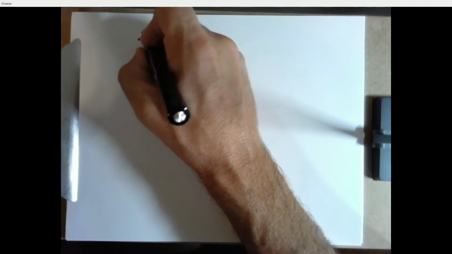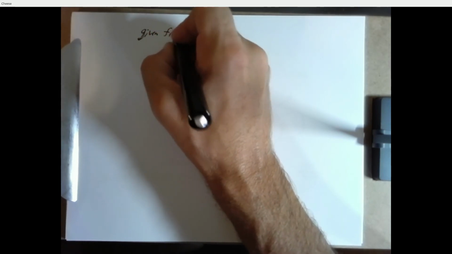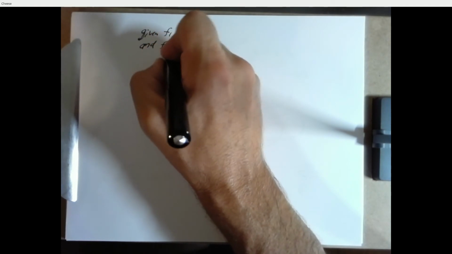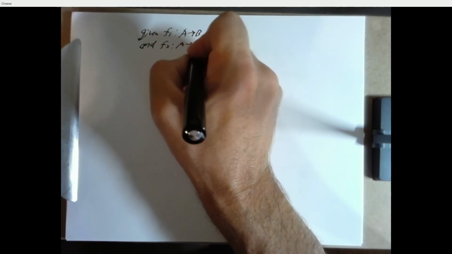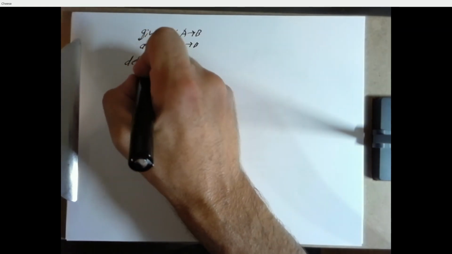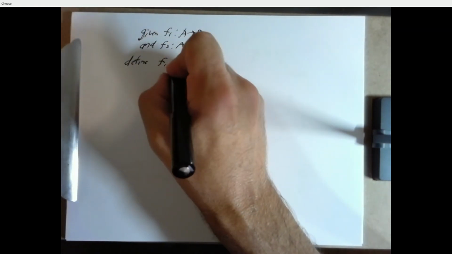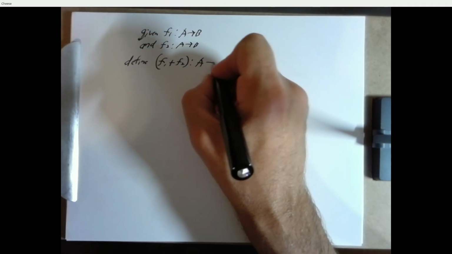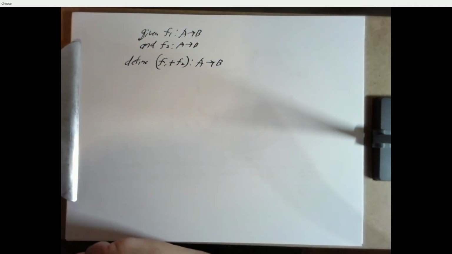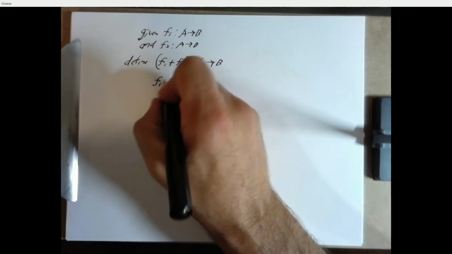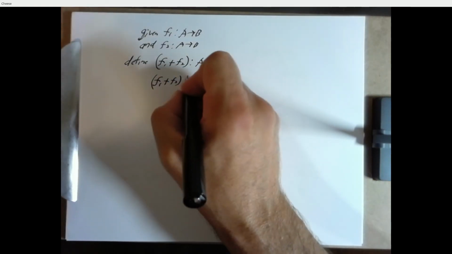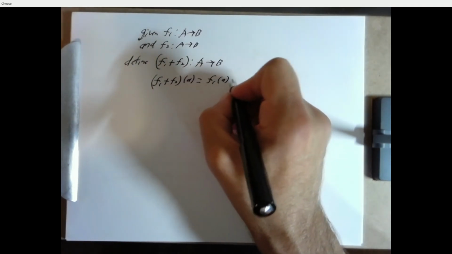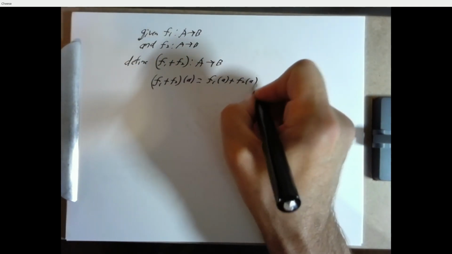So given f1 from a set A to B, and another function f2 from A to B, we can define a new function which we call f1 plus f2, and this is also a function from A to B, and the behavior is f1 plus f2 of some point a is just equal to f1 of a plus f2 of a.